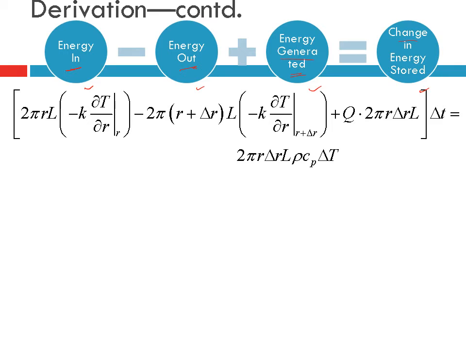Remember, our control volume looks something like this. So there is the in term and there is the out term. The energy in is minus k del T del r. So that's a flux, right?